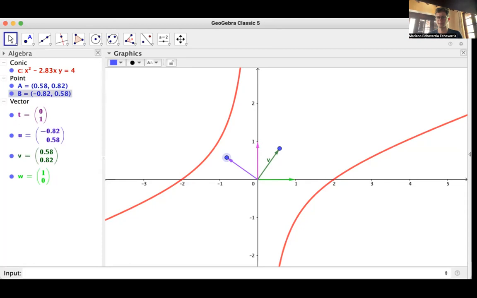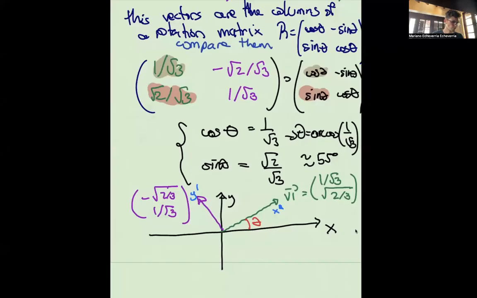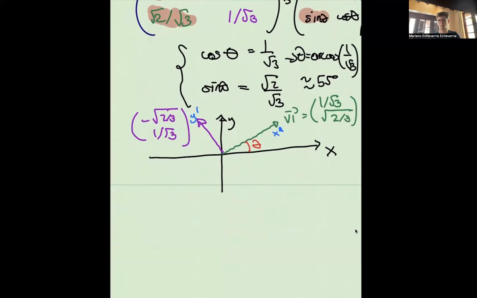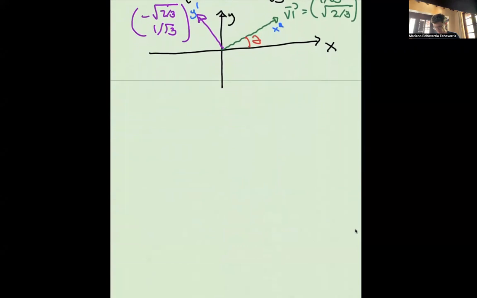Let me do the other one in the remaining time that I have, the other example that I had written earlier. Here's another example.